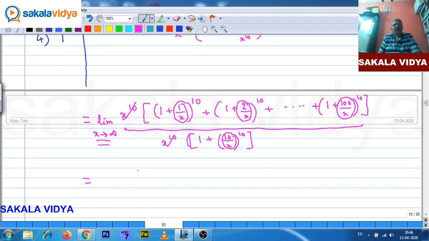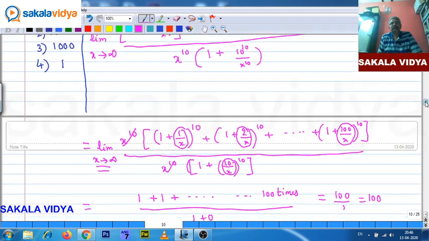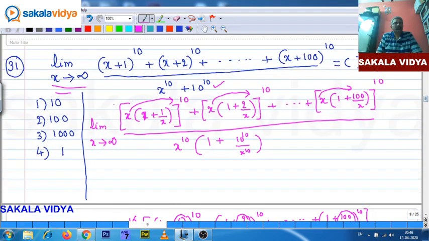So we have actually 1 plus 0, 1 plus 1 plus so on 100 times, because 100 terms are there, by 1 plus 0. So 1 is added 100 times means 100, and in the denominator we have 1, 100 by 1 is equal to 100. So here the option is the second option.